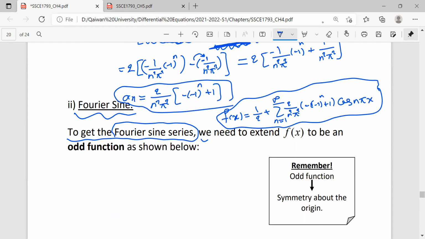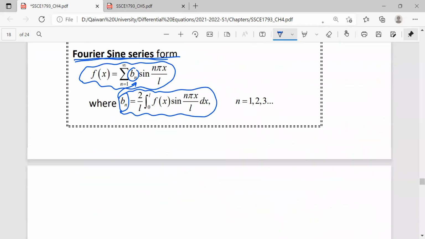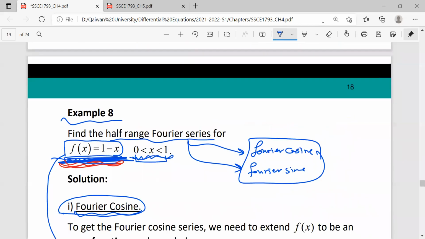Here we need to extend f of x to be an odd function as shown below. Here we have given f of x, which is this function.